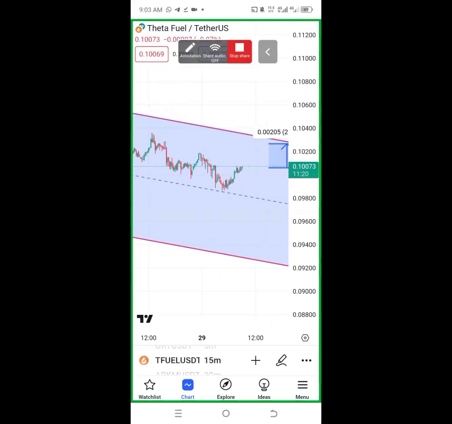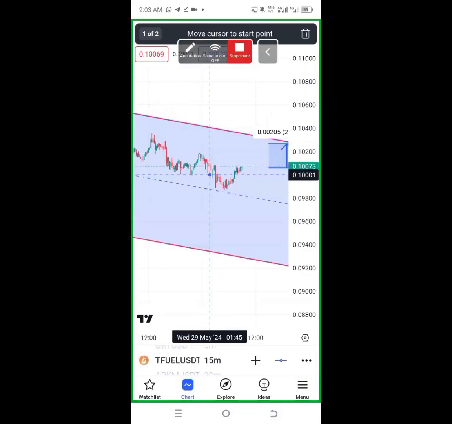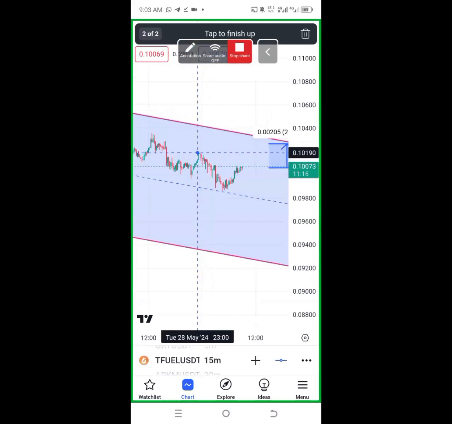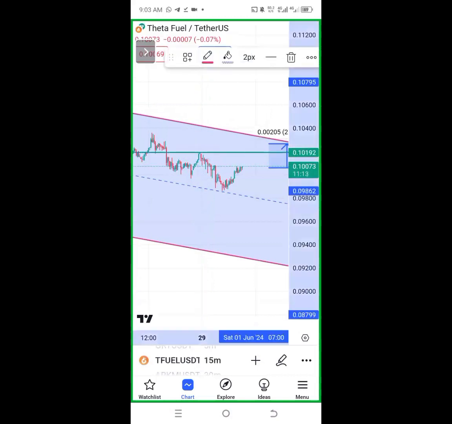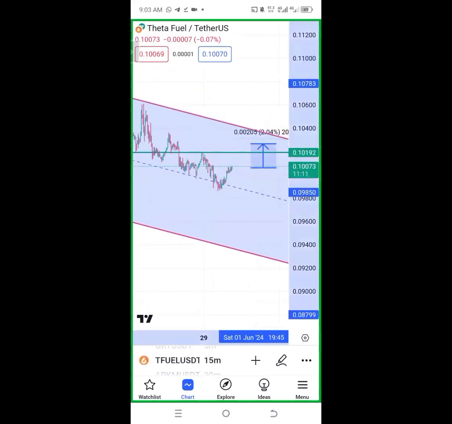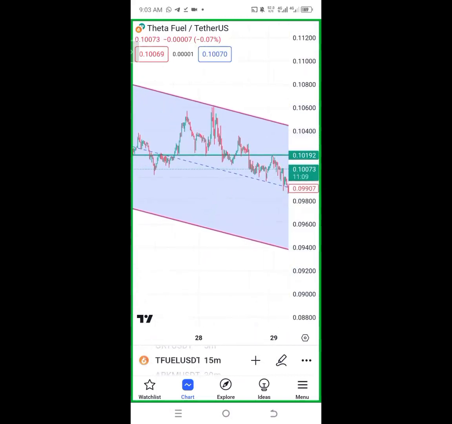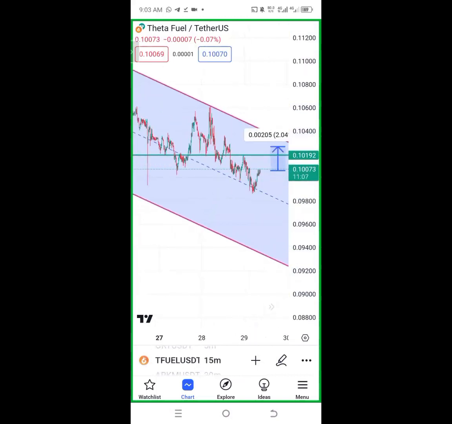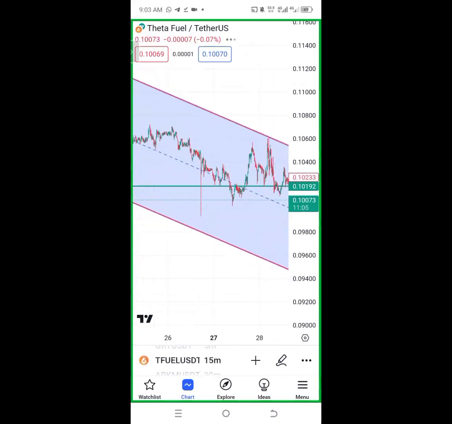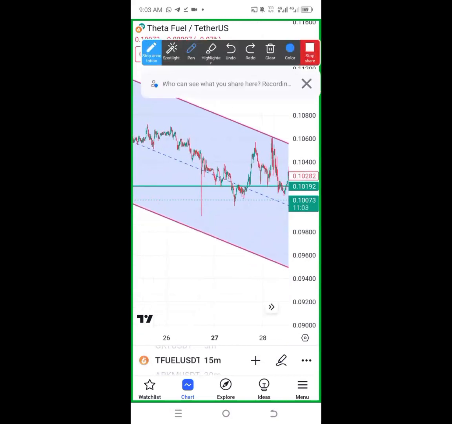If you draw your horizontal line from there to there, you realize that it is a key one. You cannot take it for granted. See how the price reacted to it previously? It reacted to it here, and here. So that means it is key.